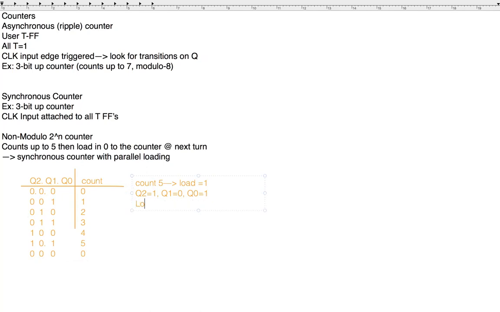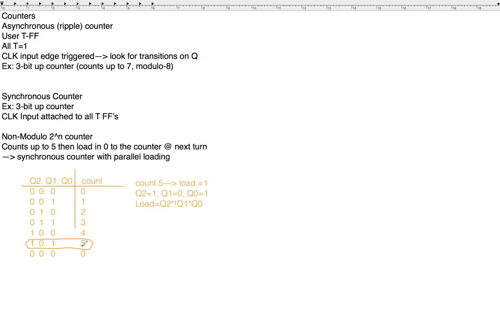And then load would equal Q2 times not Q1, times Q0. That's literally just here for value 5. Q2 is 1, Q1 is 0, and Q0 is 1.